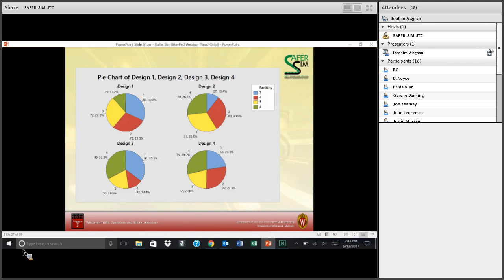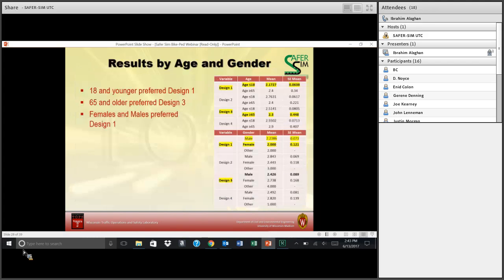For design 3, about 35% gave it a 1. But on the other side, people did not like it; almost 30% gave it a 4. So yeah, let's go next.